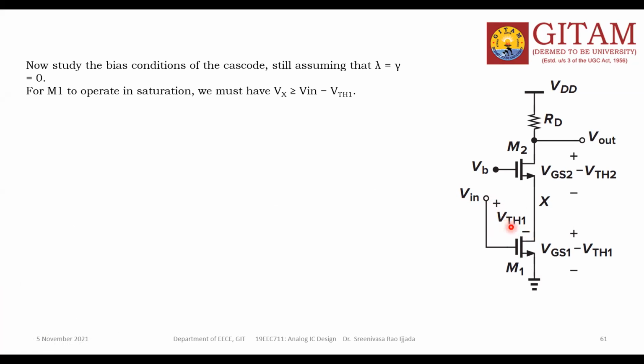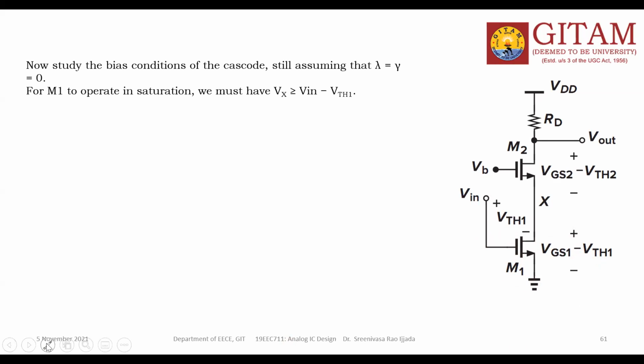This is the VTH1 voltage between plus and minus. The voltage between the drain and source of M1 is VDS1, which is equal to VGS1 minus VTH1. VGS1 means this is the gate and this is the source. This voltage minus this voltage is nothing but this voltage.